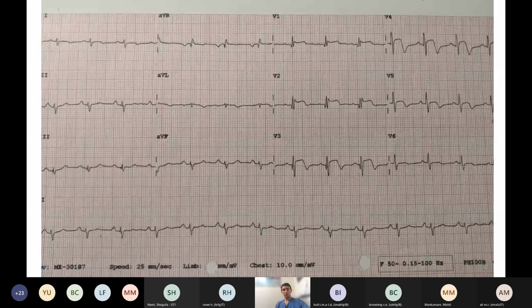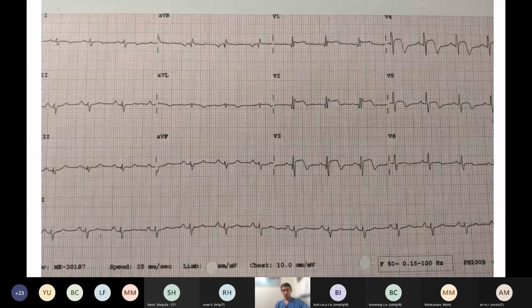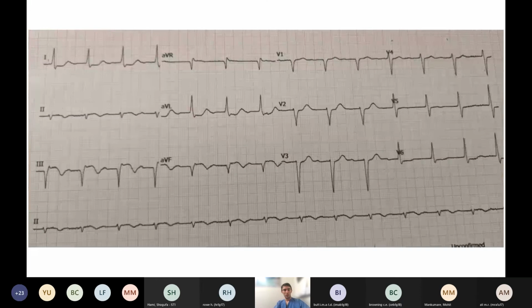There is ST elevation in V1, V2, V3, V4, with T wave inversion in V3, V4, V5. There are no reciprocal changes viewable. I cannot see a U wave. This is consistent with an anterior ST elevation myocardial infarction.